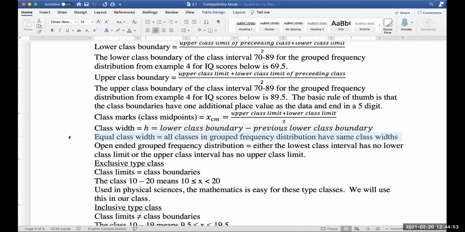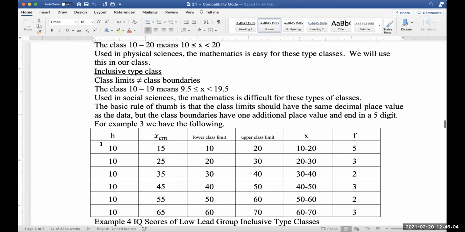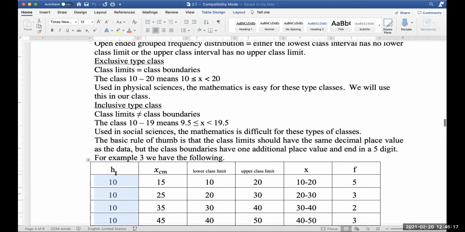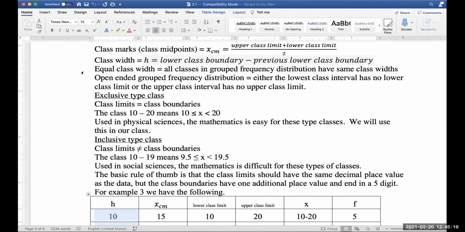Okay. If at all possible, you should try to make every class width the same. So in this case, you look at all the class widths, they're all equal to 10. So I say that this frequency distribution has equal class widths. But sometimes it's not possible.